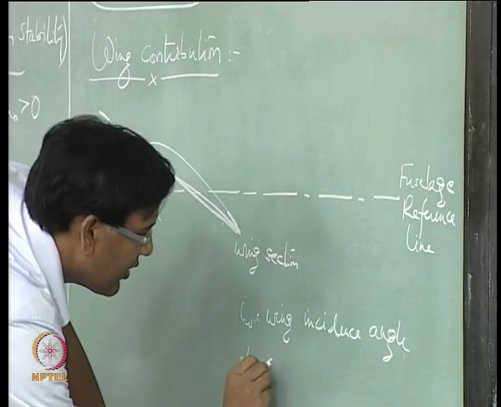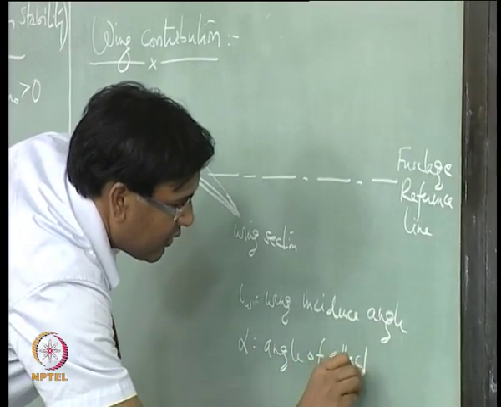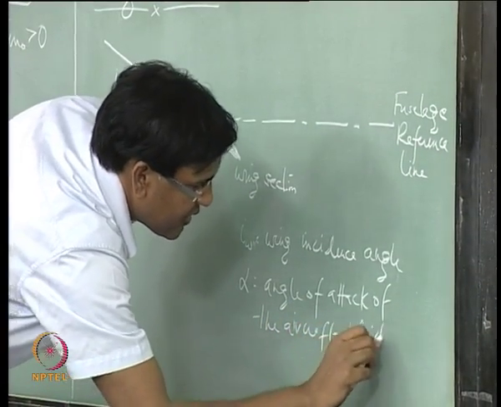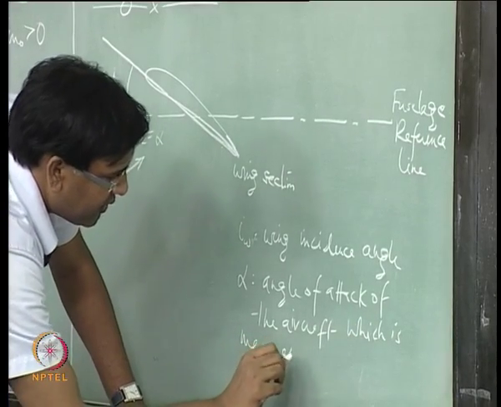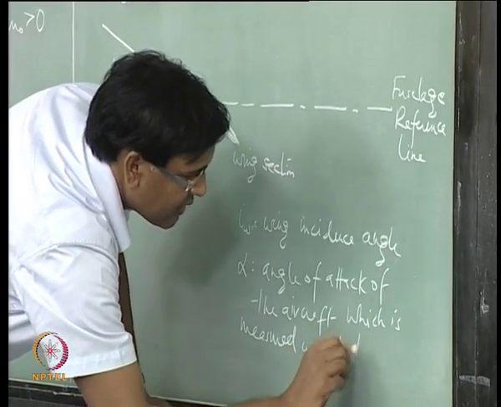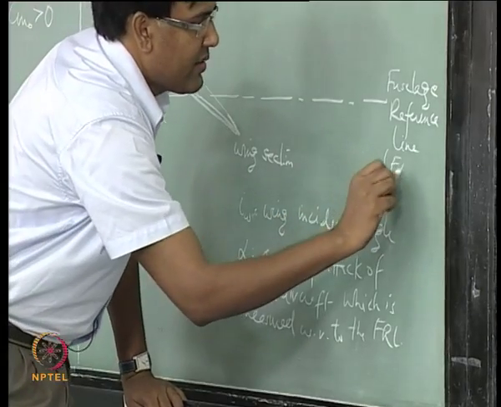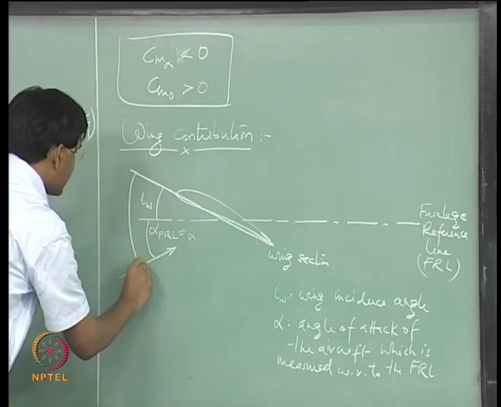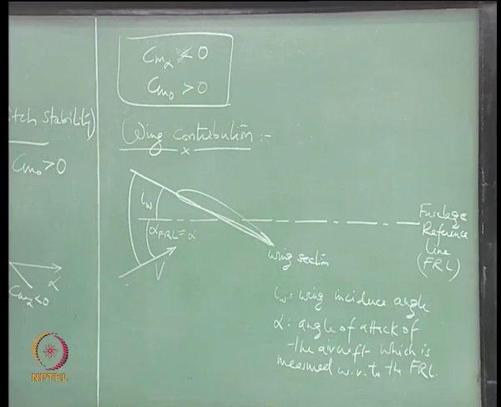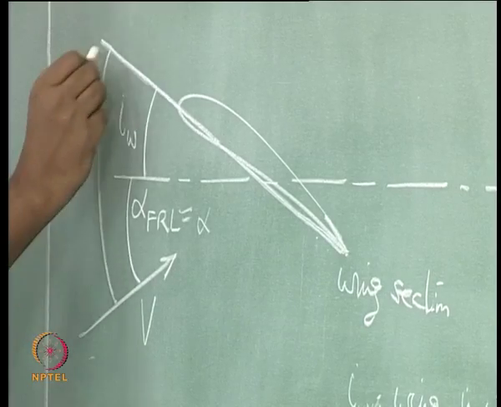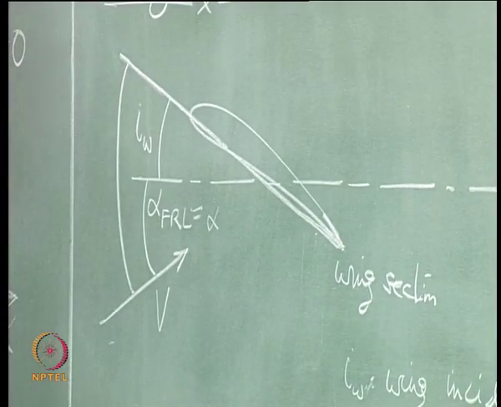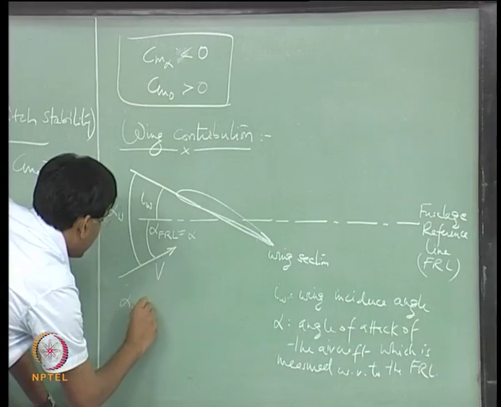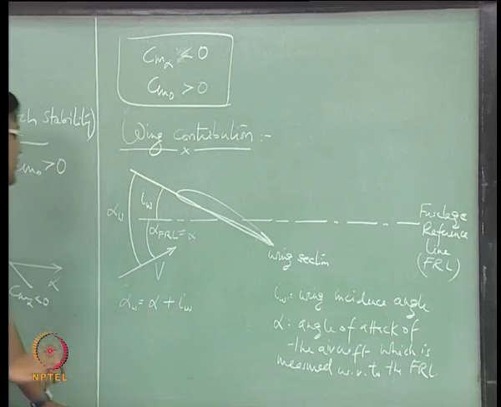So, alpha is the angle of attack of the aircraft, measured with respect to the fuselage reference line. The total angle of attack of this section, where V is the relative wind speed coming onto the aircraft, the angle of attack that this wing section is seeing is alpha W, which is equal to alpha plus IW.